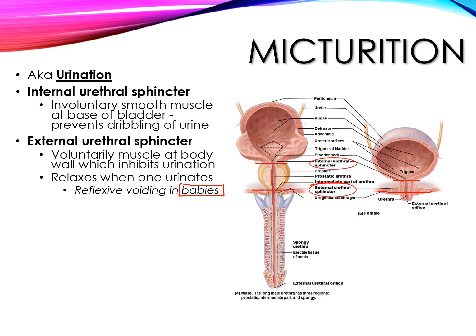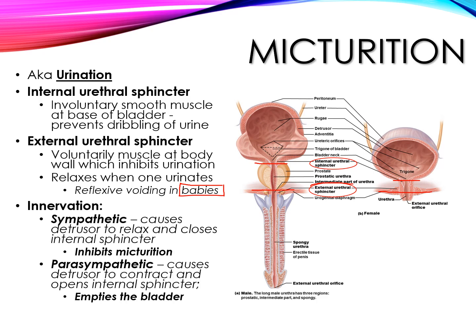Versus the external urethral sphincter is voluntary muscle. So it's really at the abdominal wall, okay? So it's at the abdominal wall. It's skeletal muscle, so you have control over it. But guess who does not have control over it? That's right, babies.